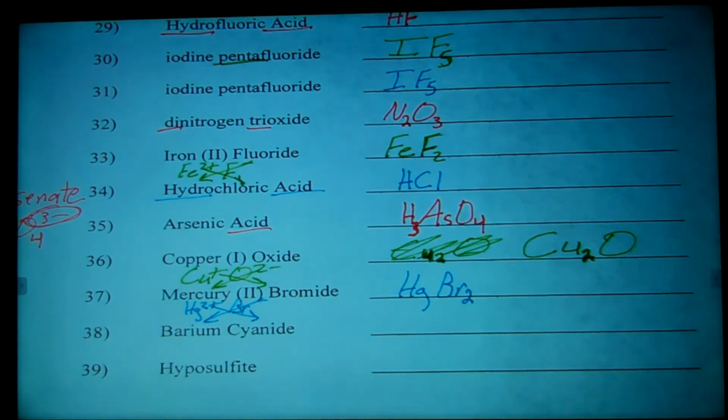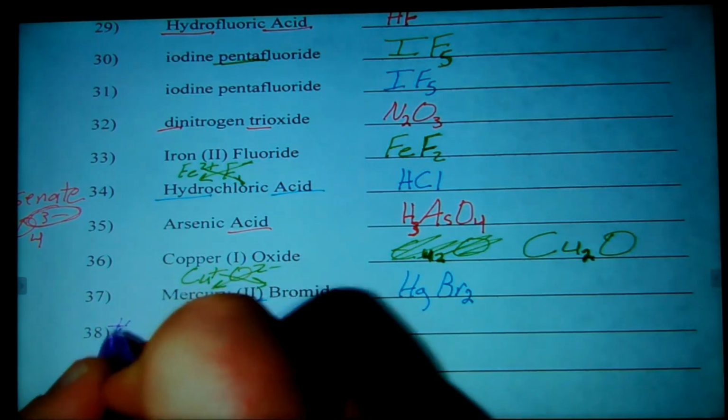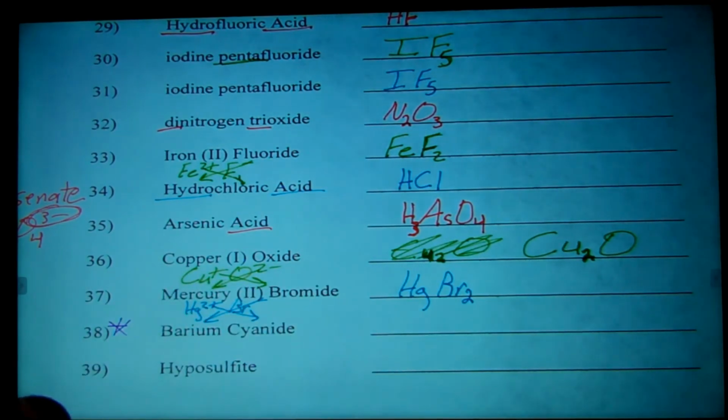Now, barium cyanide. This is a trick. I knew this. Why? Because you see that ending ide, but you have to remember what cyanide is. Cyanide is that polyatomic ion.